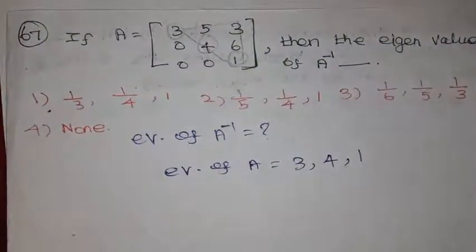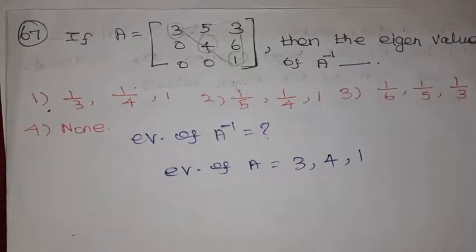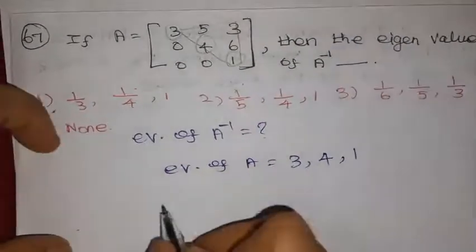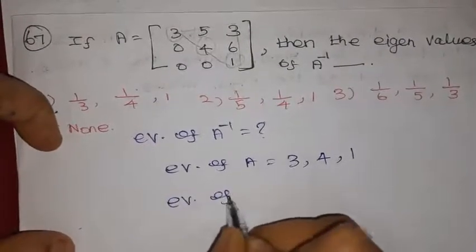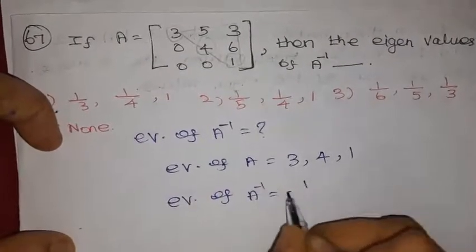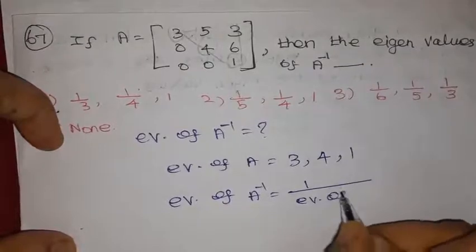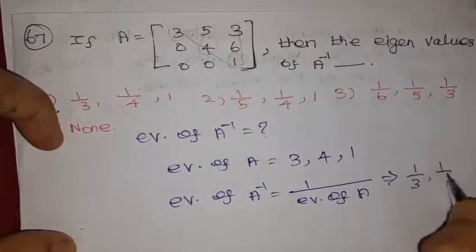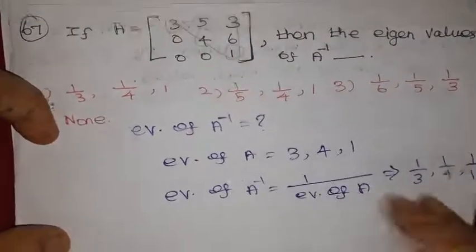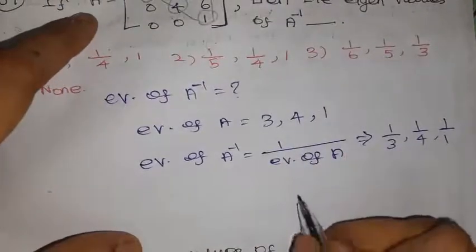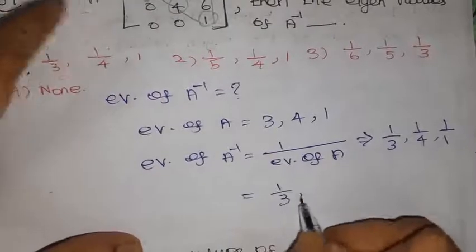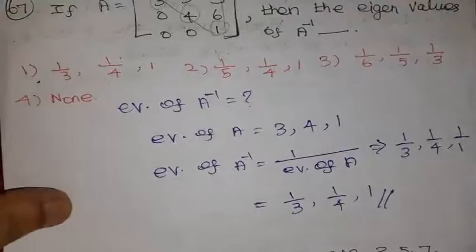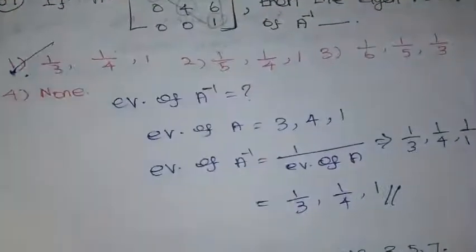Eigenvalues of A inverse is nothing but 1 by eigenvalues of A. So 1 by 3, 1 by 4, 1 by 1. This is the eigenvalues of A inverse. Option 1 is the right option.